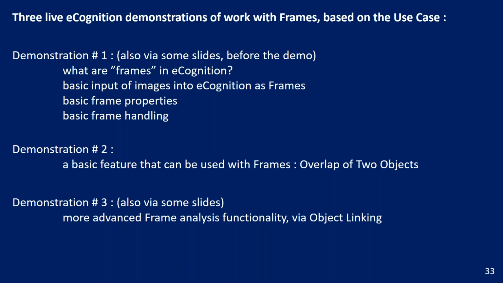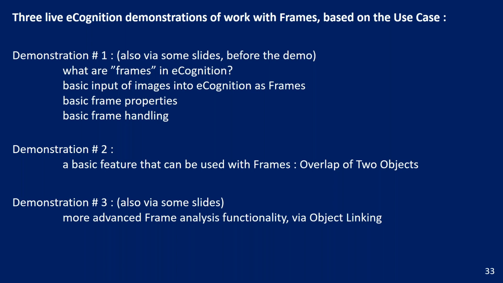The first demonstration is really just to get us a little bit familiar with working with frames in eCognition, showing how some of that works, some of the basics of handling frame sets in eCognition, feeding them out to different maps and things. Some of the basic feature properties of images that are input as frames.